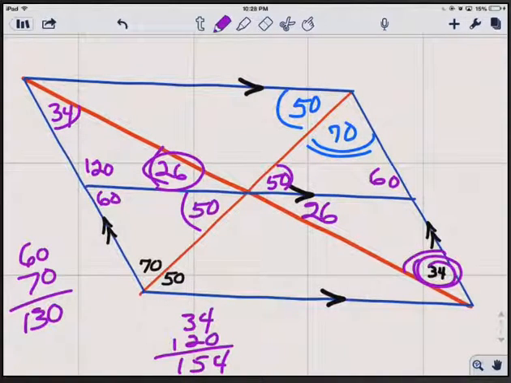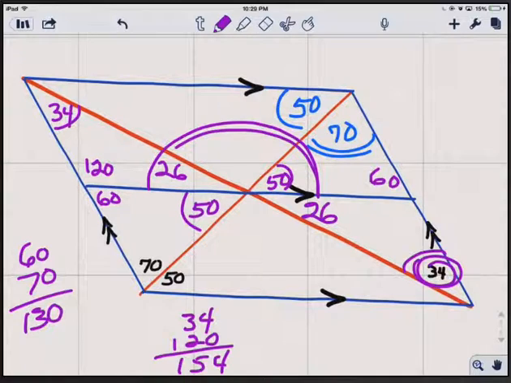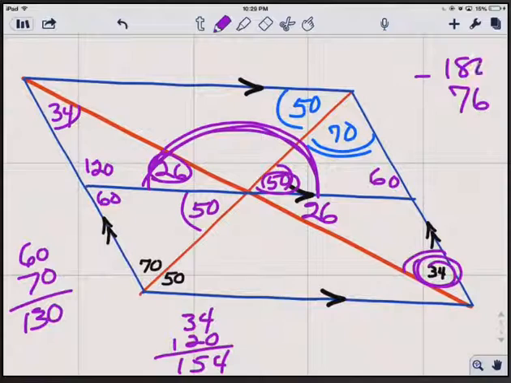And we're getting close to being finished. The angles for, let's see, get rid of some of these things. These three angles have to total 180. If the first two angles, 26 and 50, total 76, subtracting that from 180 gives you 104. That's this angle.